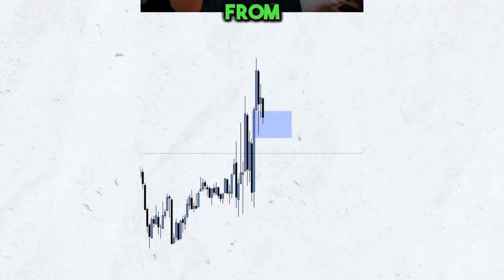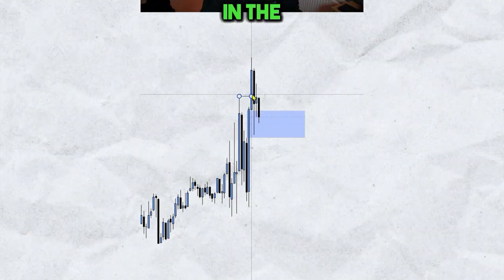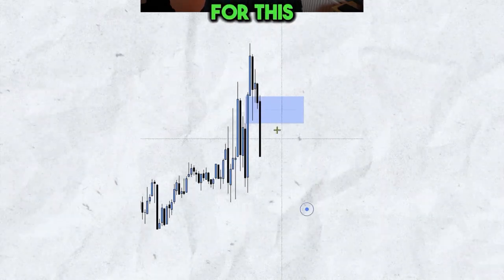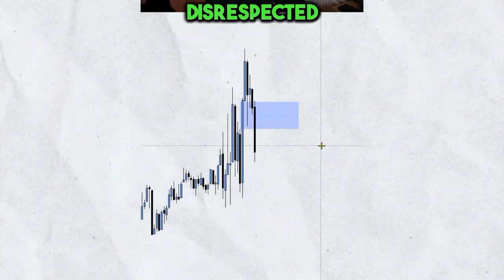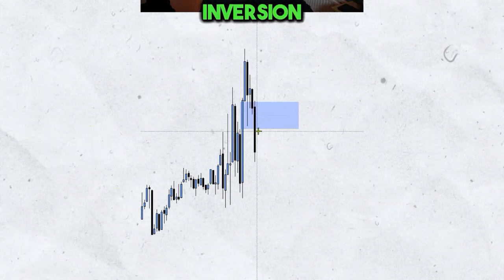Now, to enter into positions targeting this news low, I will enter positions from bullish fair value gaps that are in the market. As you can see, we have this singular bullish fair value gap right here after we have swept buy side liquidity that was resting in the market. So I'm going to wait for this fair value gap to be disrespected. As you can see, we now get a candle close below this inversion fair value gap.